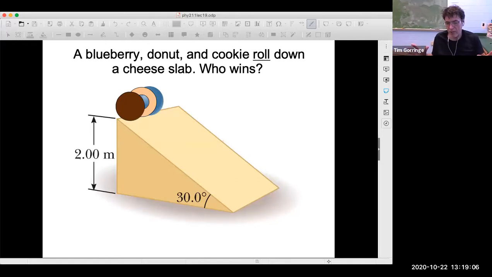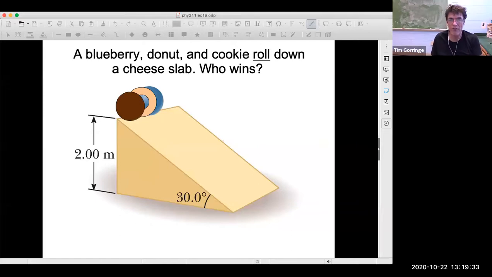For the sphere, the cylinder, and the ring, imagine I've taken a blueberry, a donut, and a cookie. I put them on the top of a ramp, an incline, and I'm going to release them simultaneously. I'm going to let them roll down the ramp. And the question is, who wins this race?